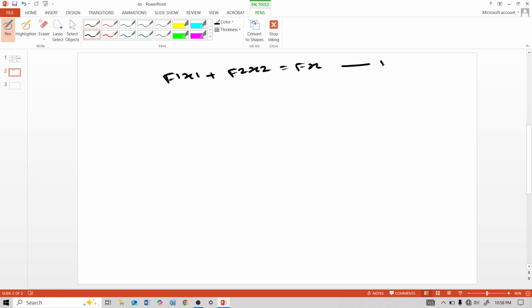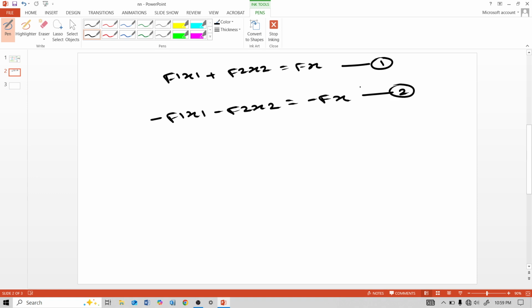We will consider this as point O, and we will apply a minus sign to the LHS and also to the RHS. So minus F1 x1 minus F2 x2 equals minus F x, and we will consider this as the second equation.